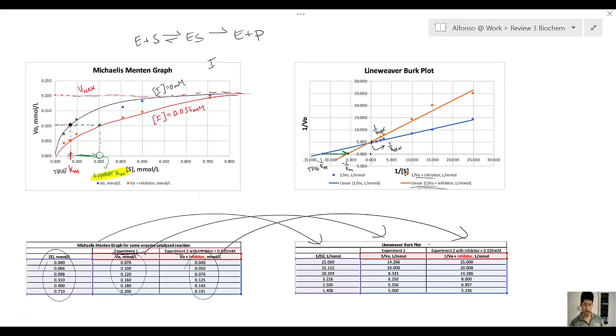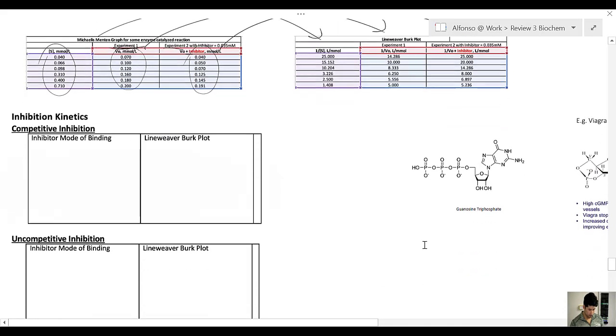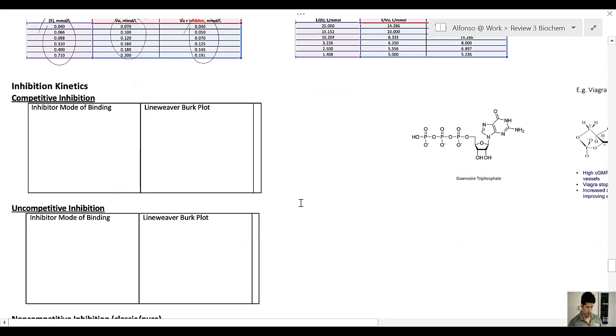Alright, so now that we know what inhibitors do, which is they slow down reactions and they affect Km, now we can start talking about different types of inhibitors. So the first type of inhibitor is the competitive inhibitor, and the competitive inhibitor has a mode of binding as follows.